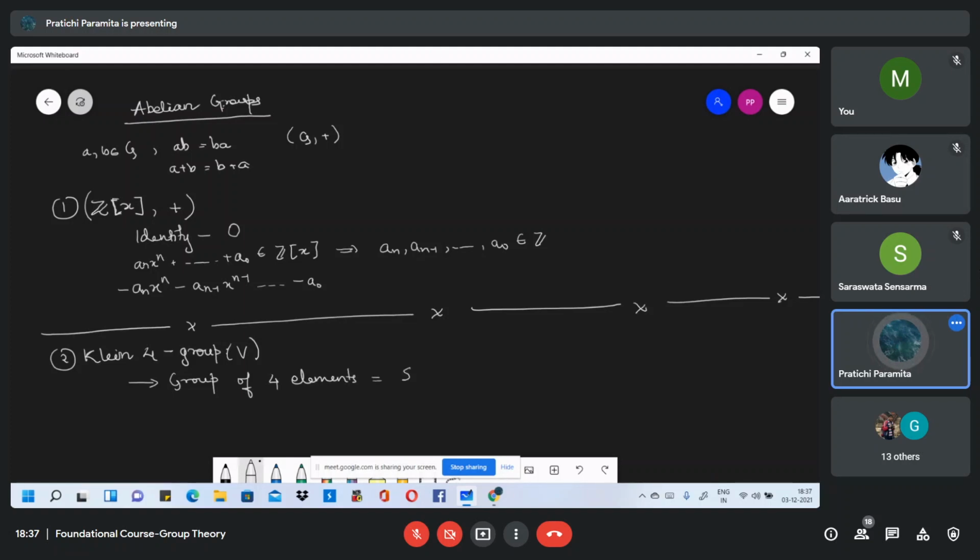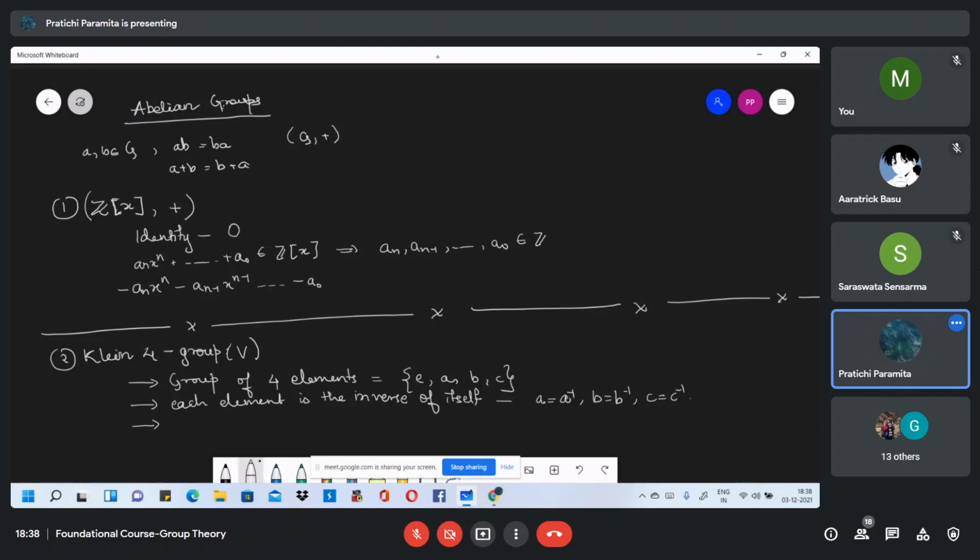So I'll say e, a, b, c. Since it is a group, an identity element has to be there, so I'll say that it is e. And here, each element is the inverse of itself. That means a is equal to a inverse, b is equal to b inverse, c is equal to c inverse.